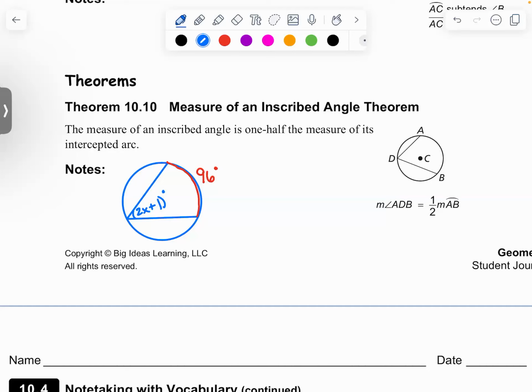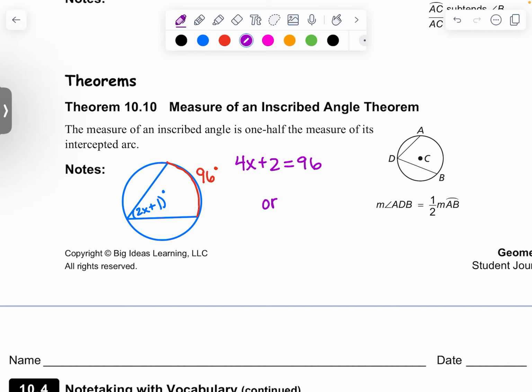Okay, so if we have this picture, how might we solve for x? There's two different things we could do. What's one of them? Double what? Okay, so you're saying we could say 4x plus 2 equals 96. Okay, what would be the other way we could do it?